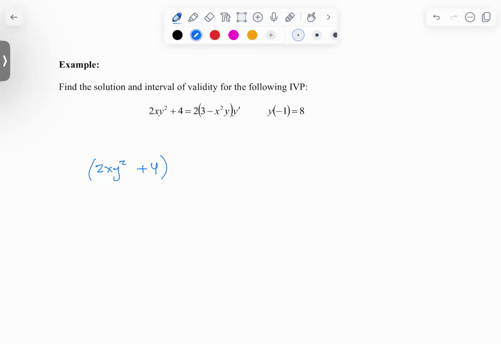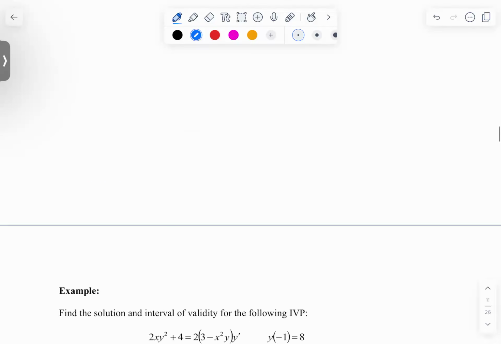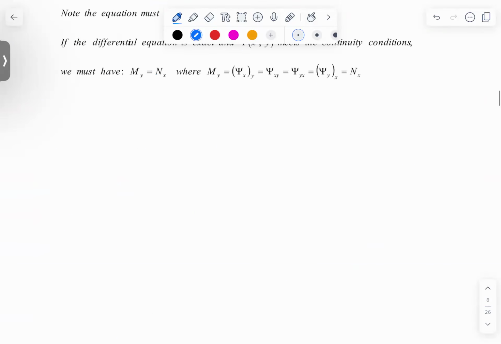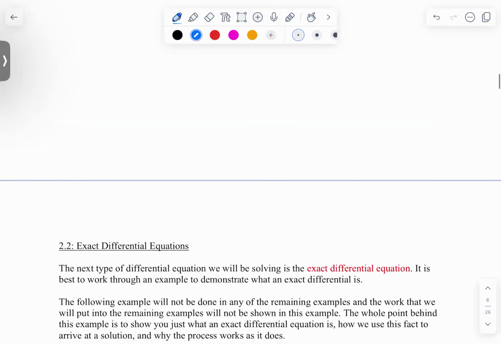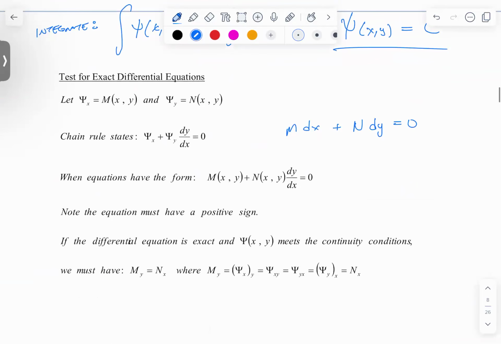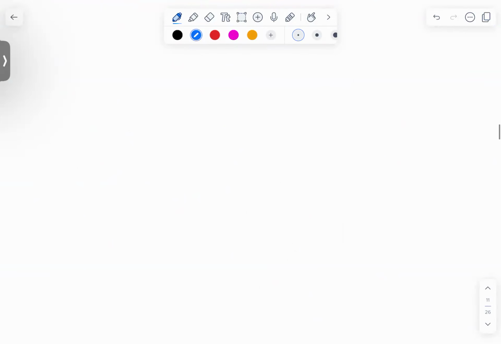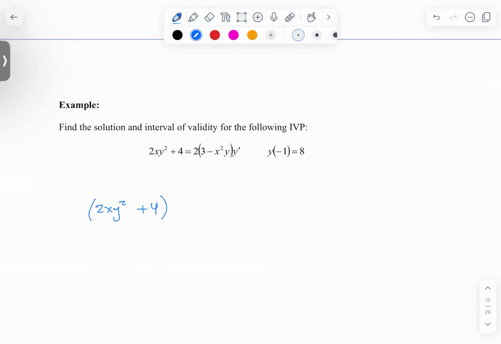But notice the equality for the proper form of this. What's the equation equal to? Oh, 0. So with these, everything is all on one side. Since this is dy/dx, that actually makes this dx minus 2(3 minus x squared)y dy equals 0.